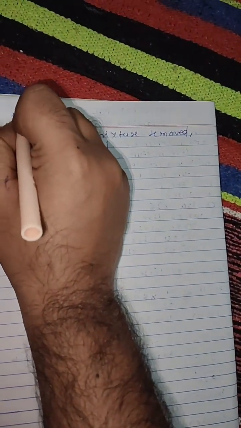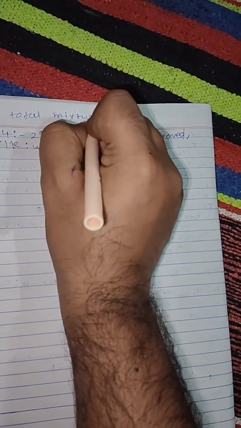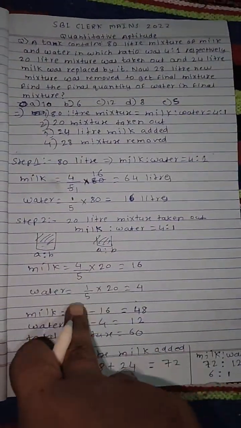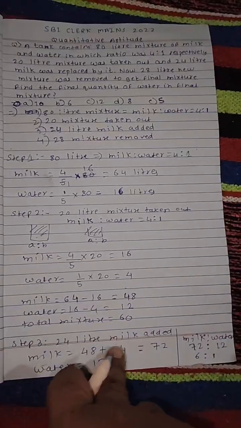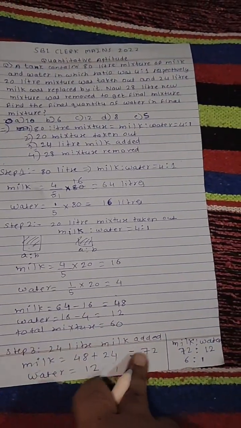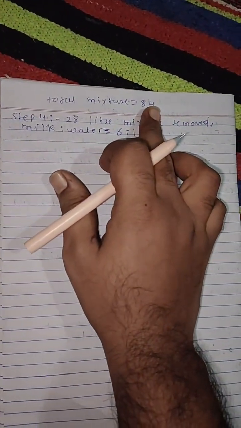I will write here that the total mixture is 84, since it was 60 and we added 24 liters, so 60 plus 24 is 84, or 72 plus 12 is 84. So the total mixture has become 84.